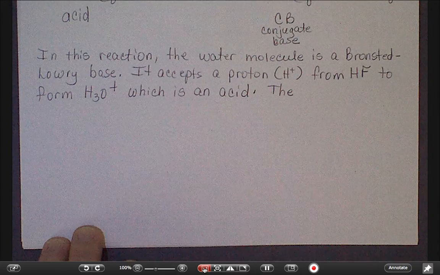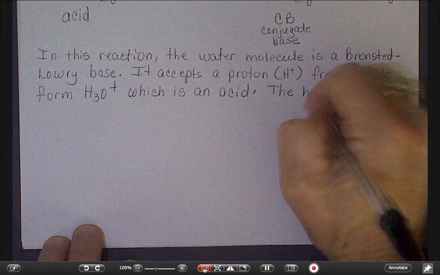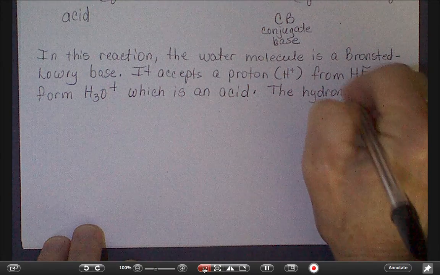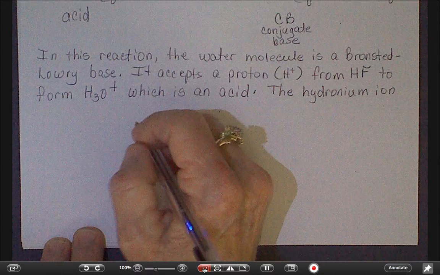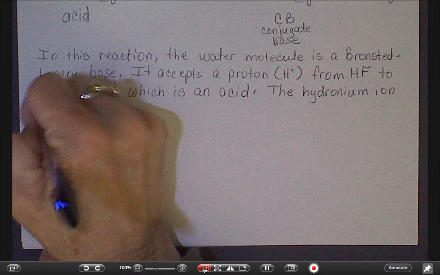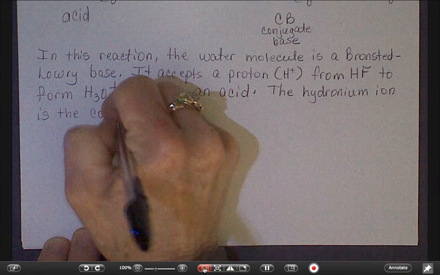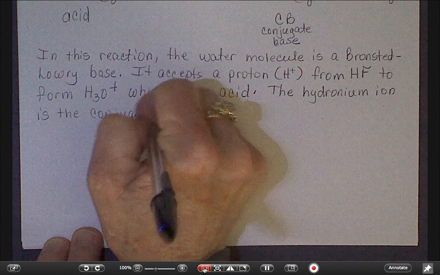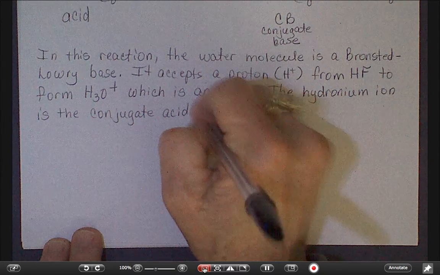Who's the hydronium ion? Good. It is the conjugate acid of water.